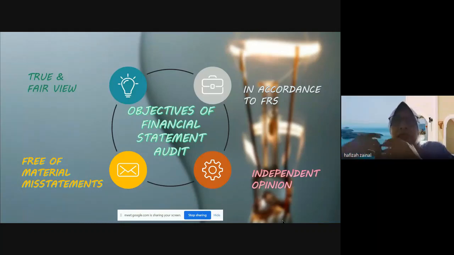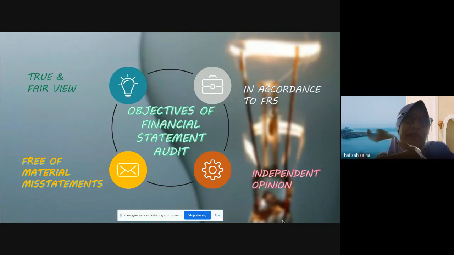Whatever misstatements are of significant amount, we have to take care of all those things. By right we should have done all the necessary adjustments and so on. So that's why in this context we are applying the materiality concept.